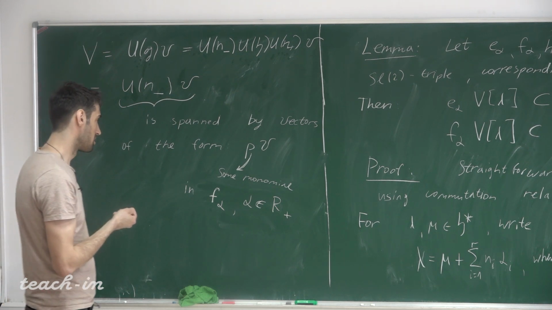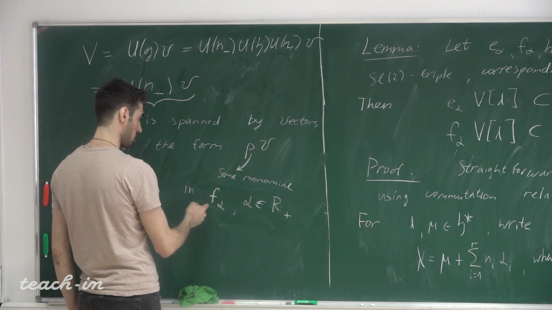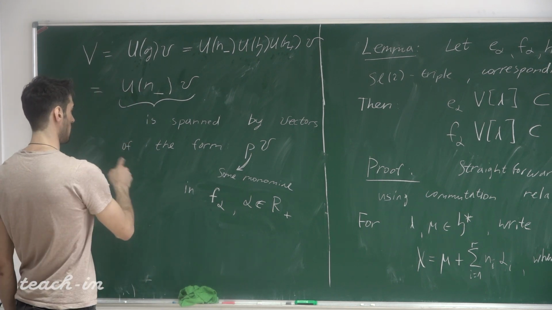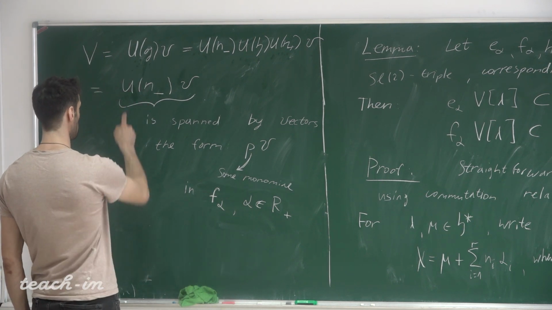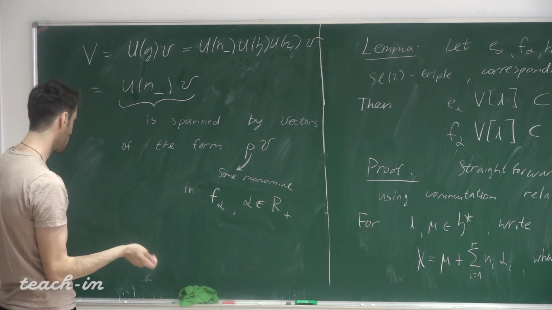So all ordered monomials in such elements give me a basis in U(n minus).